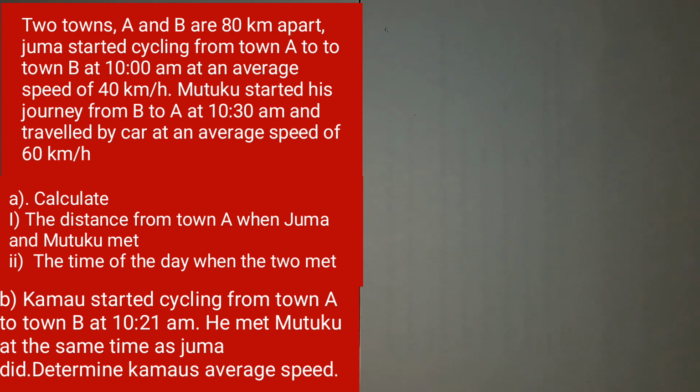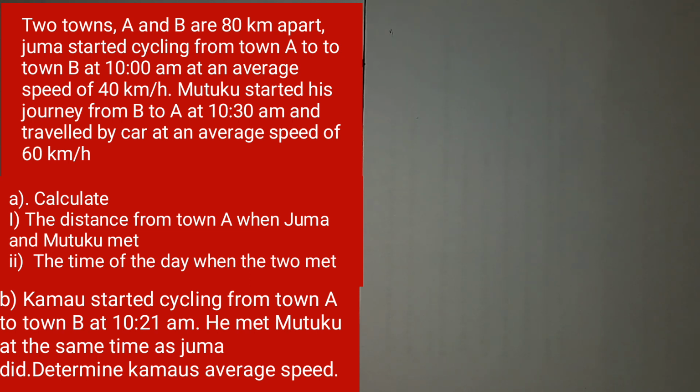Welcome to our channel. Today we are going to solve a question of linear motion, basically relative speed. The question states that two towns A and B are 80 kilometers apart. Juma started cycling from town A to town B at 10 a.m. at an average speed of 40 km per hour.